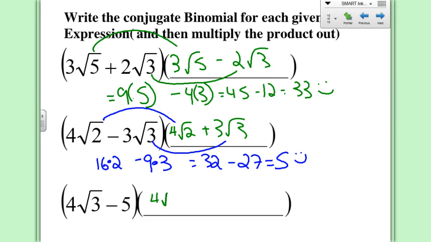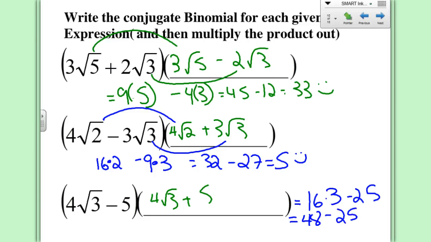Last one, 4 root 3 plus 5, which ends up giving me, if I multiply first, 16 and 3, minus 25, equals 48 minus 25, which results in something like 23. Okay?